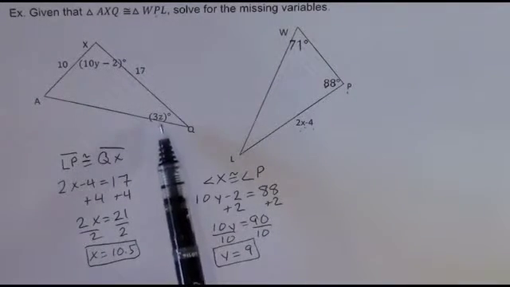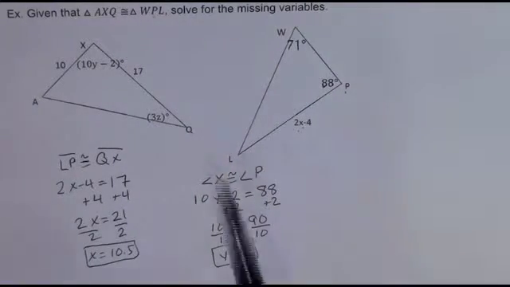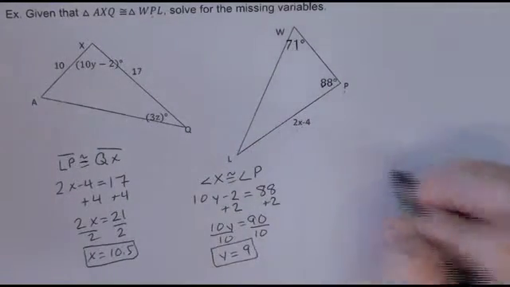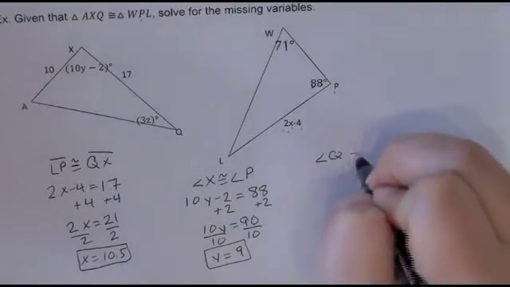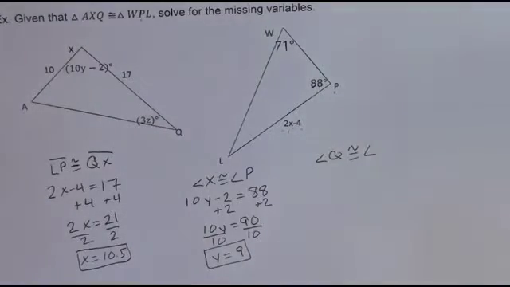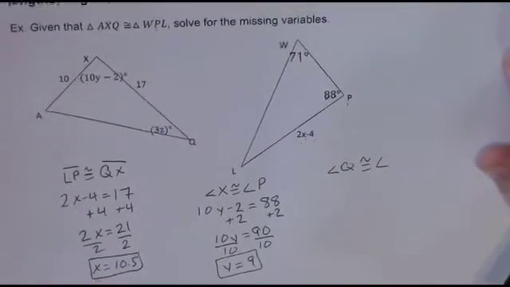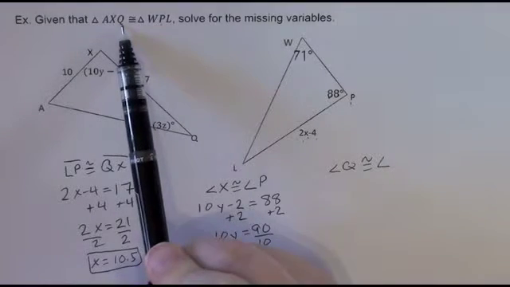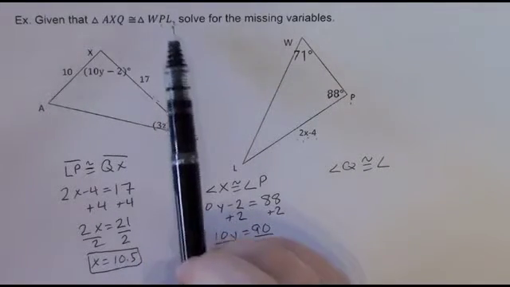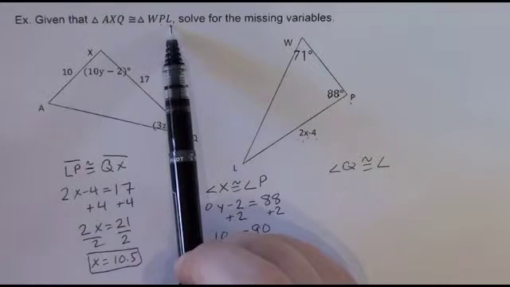Last one, we're looking for z, which is in angle Q. So the question is, angle Q is congruent to angle what? And again we look at the congruency statement. Angle Q goes last, Q corresponds to L, because L is last in the congruency statement.